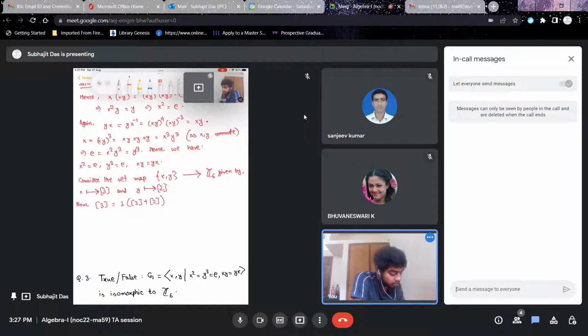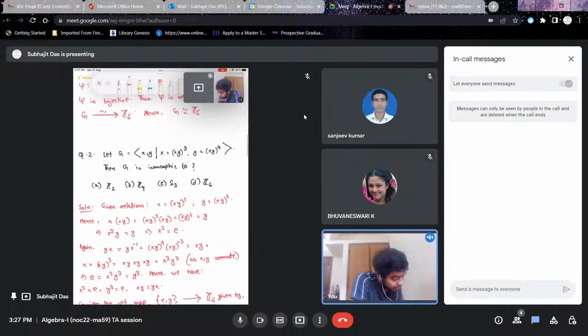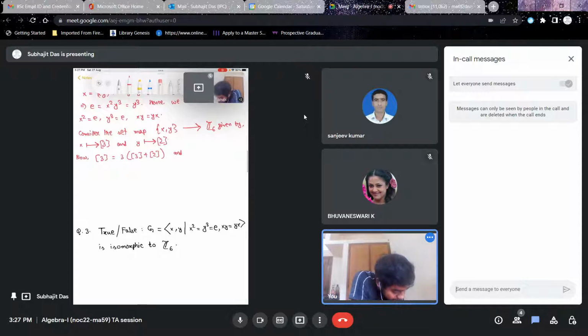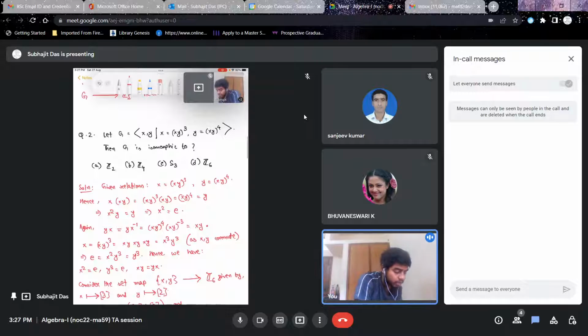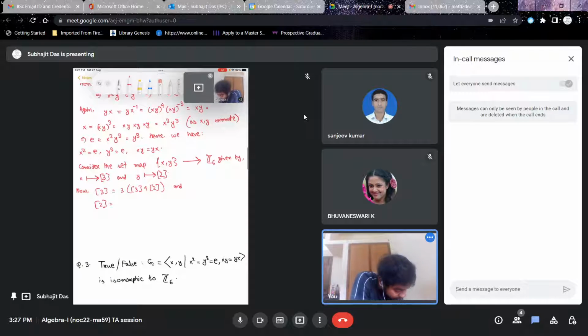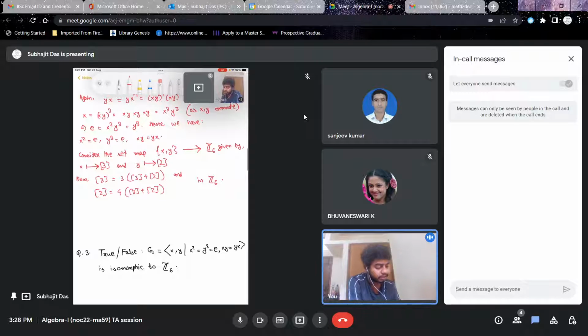So this first relation holds, and the second one also holds: the class of 2 has to be 4 times the class of 3 plus the class of 2, and that is clearly true, because 5 times 4 is 20, which is certainly 2 modulo 6. So these two relations hold in Z6.